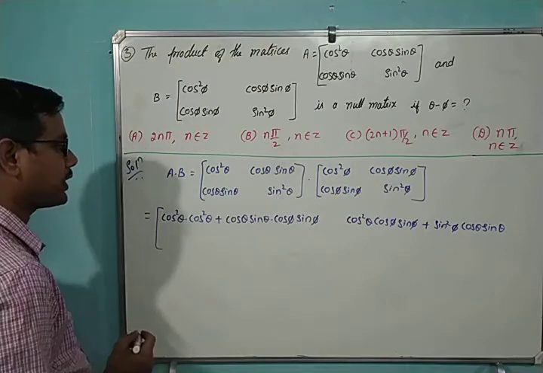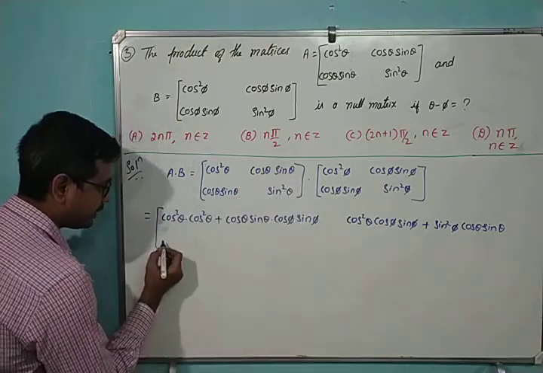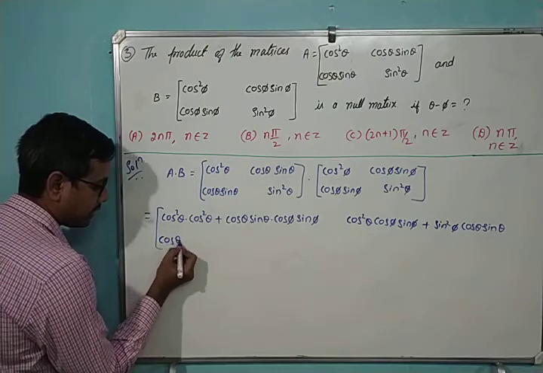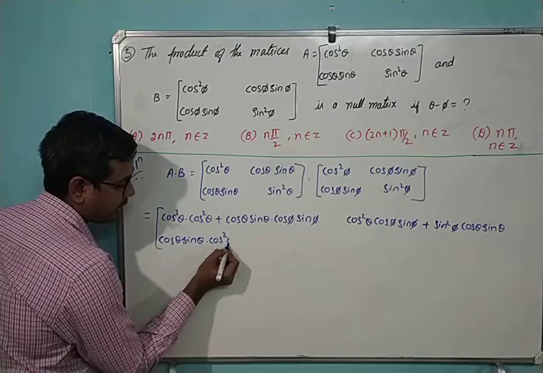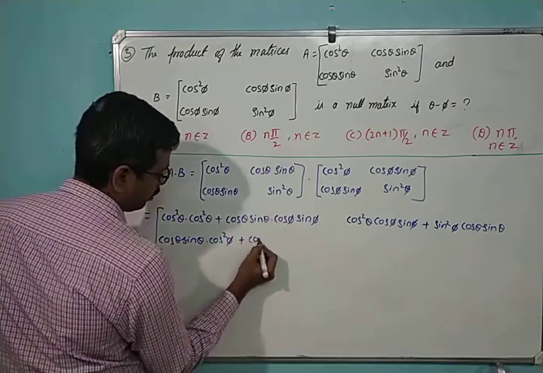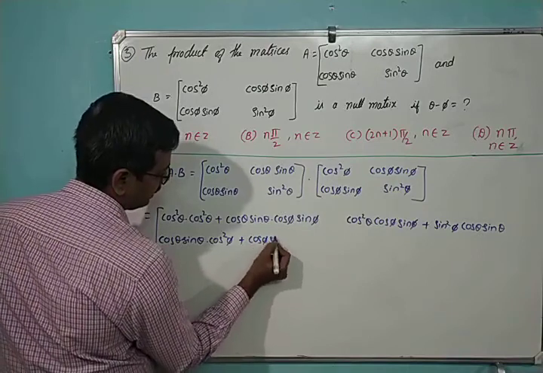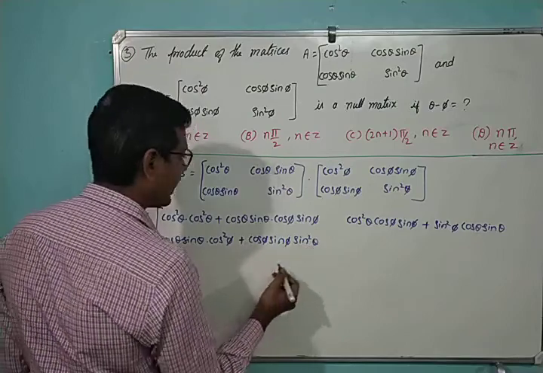Okay. So what will be the second row? Cos theta sin theta into cos^2 phi plus cos phi sin phi into sin^2 theta.